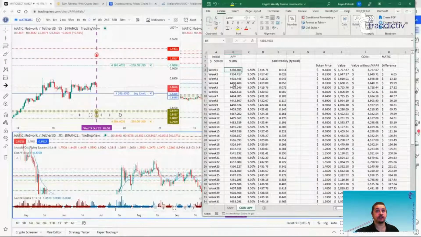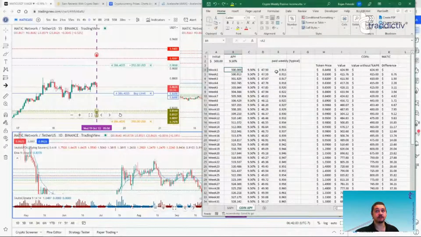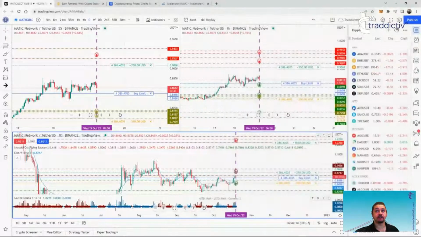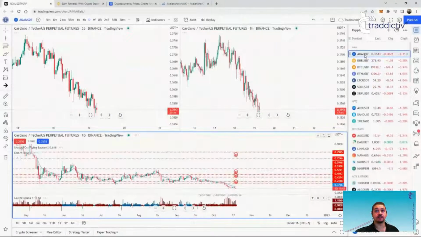So that's how many shares we bought. And it's just that at 9.5%, that's going to be a different story. So I'm going to clean this up so everybody's on the same page, because we did have an initial investment of $500.